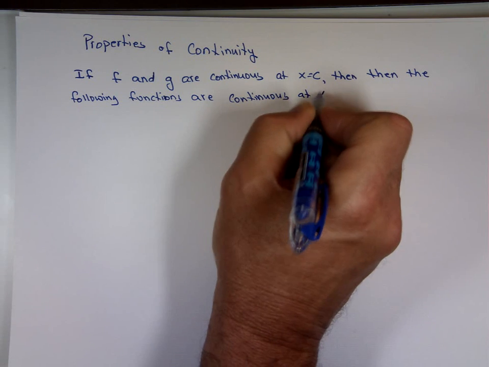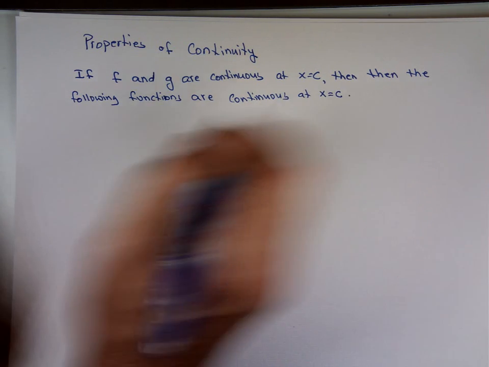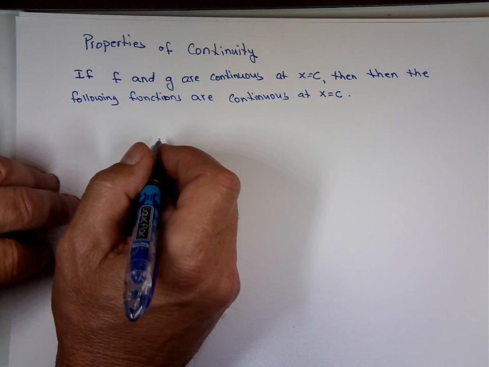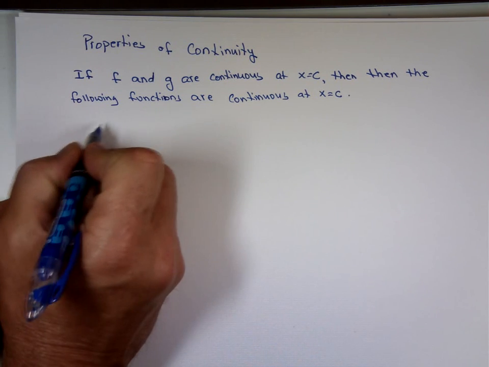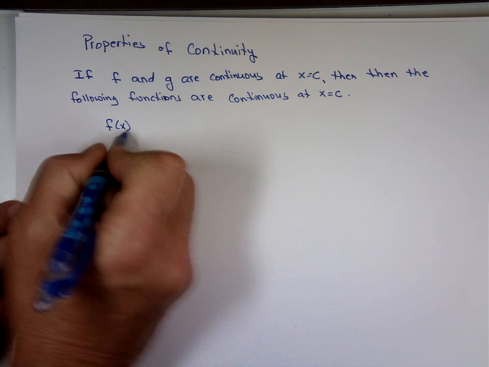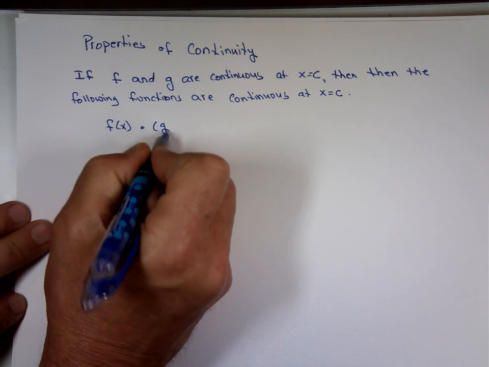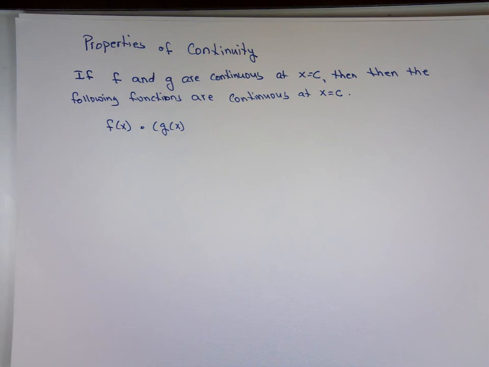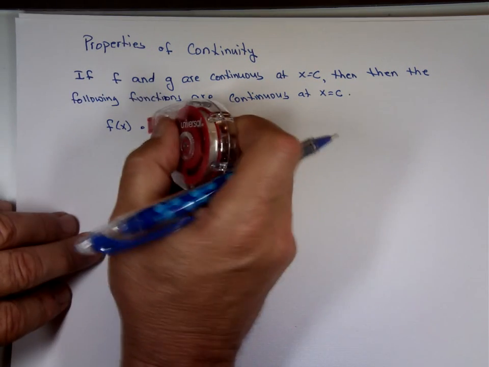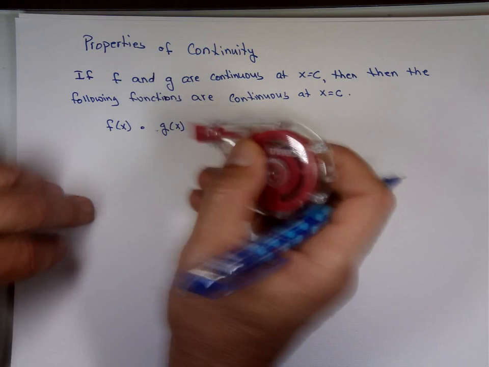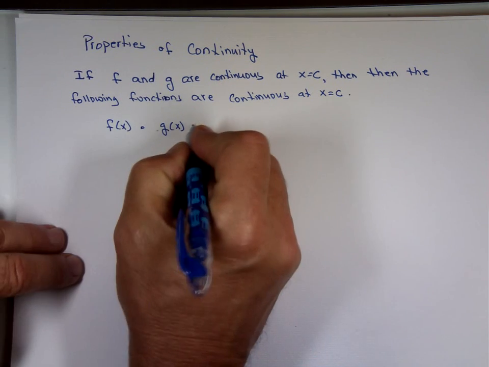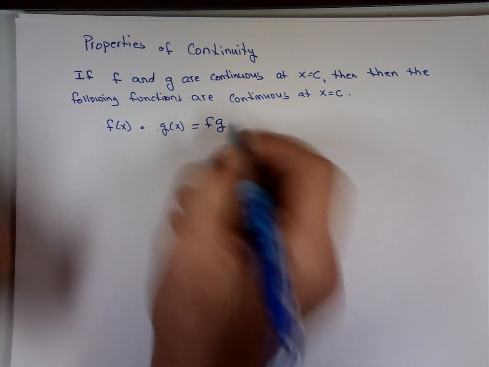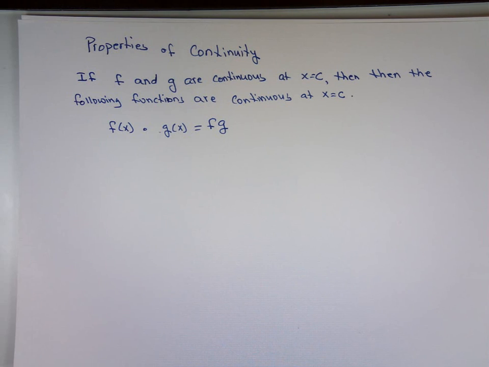What are the following functions? If you multiply the two of them, if you take f of x times g of x, they will be continuous at c. Our book might write that fg. If you multiply them, the new function is also continuous at that point, as long as both of these are continuous at that point.